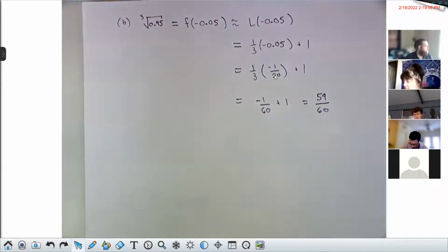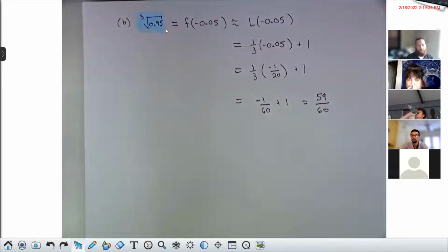Cool. So the linear approximation section, I think this is the only subtlety that I'm going to require you guys to navigate: sometimes the function you're using to approximate isn't the first thought, right?